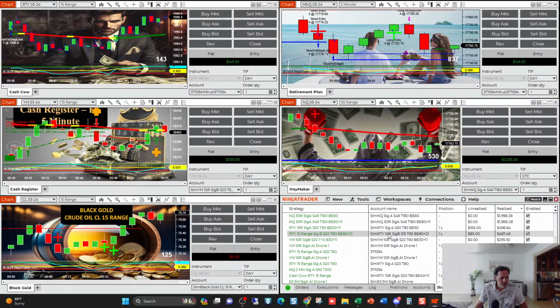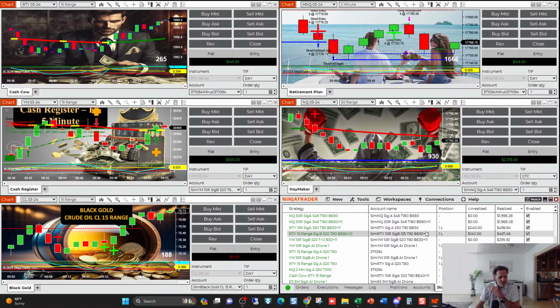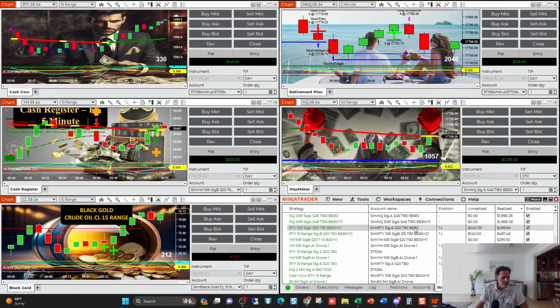So I tried to name them so we could understand the settings behind the scenes, and right here we've got it. So this one's breaking even at 60 plus 21 ticks. Got a nice trade right here on this RTY signal A 3090.